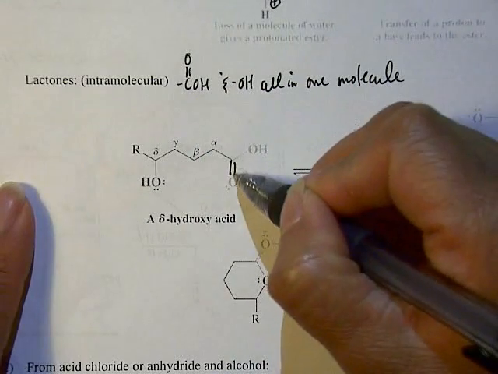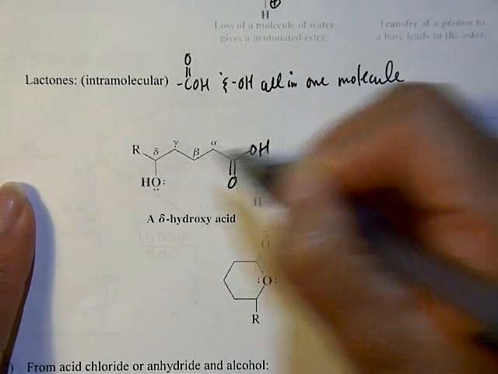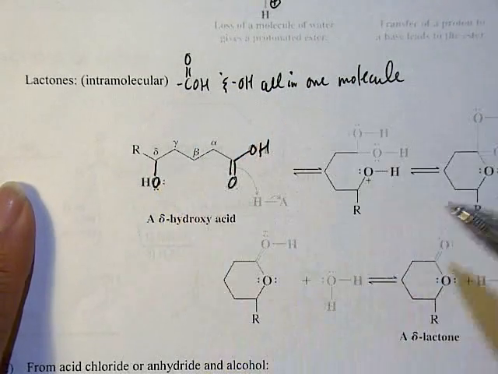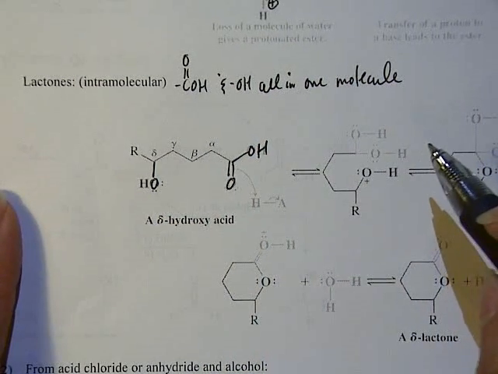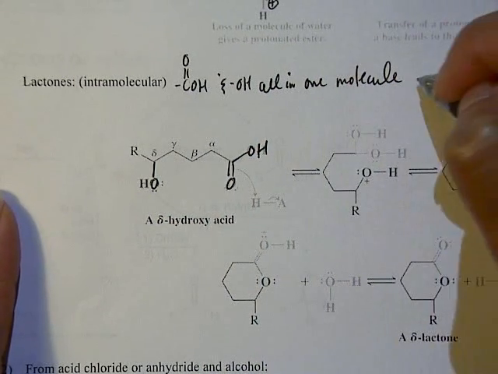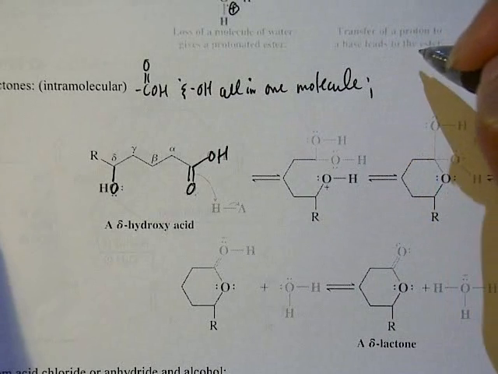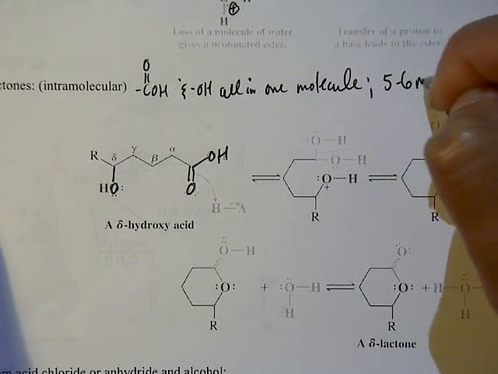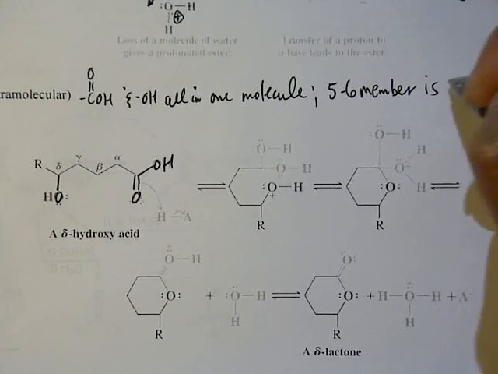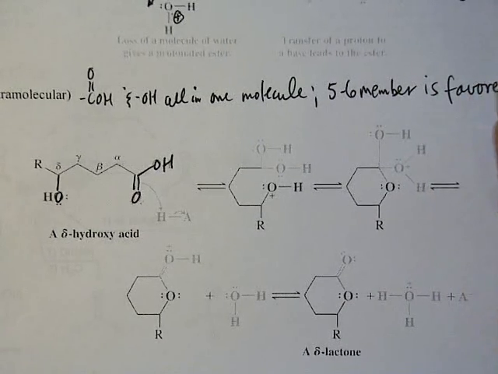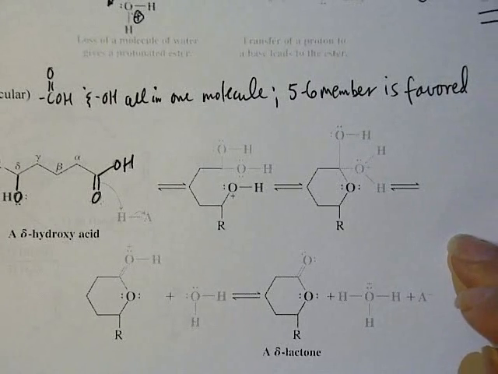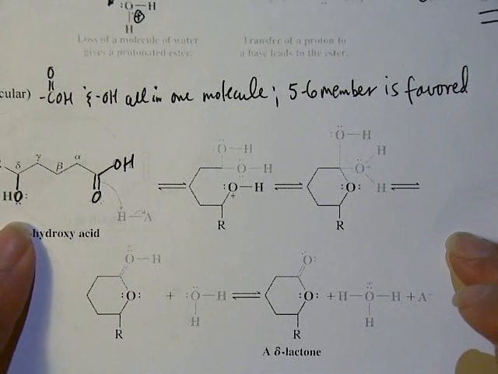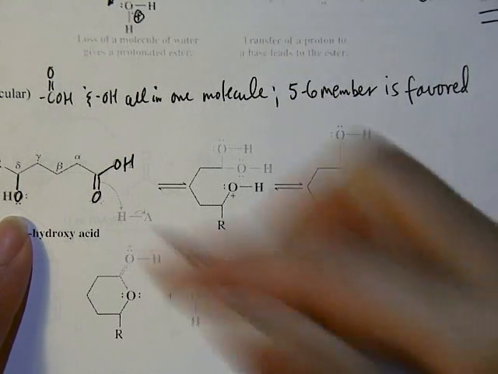So here's an example. Here's a carboxylic acid, and then here's an alcohol, and you're going to do an intramolecular reaction. And for any intramolecular reaction you do, as you know from sugar chemistry, a 5 to 6 member ring is favored. So anything smaller or bigger is not going to be favored. All right, so here's an intramolecular OH perfectly set up to make the 6-member ring.